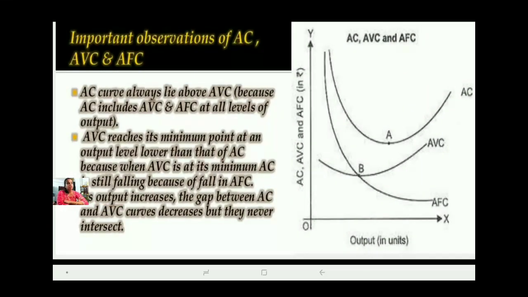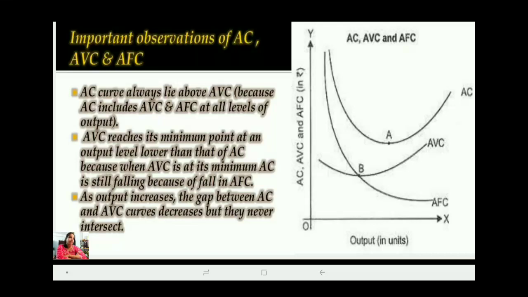Now if we are going to find out the relationship between average cost, average variable cost and average fixed cost, you can see here I have put the diagram along with the points. First point is that the average cost curve always lies above the average variable cost.